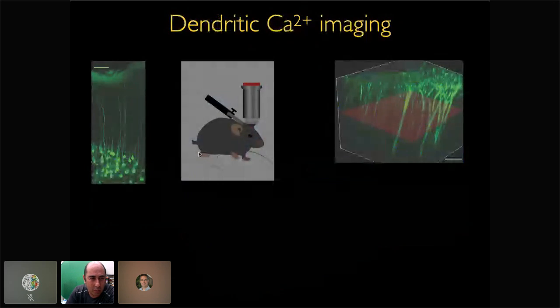So one thing that we did about that was to do calcium imaging of the dendrites in an awake mouse.